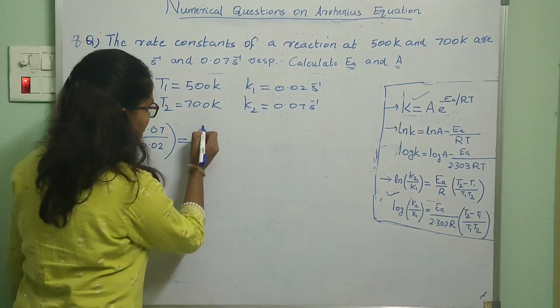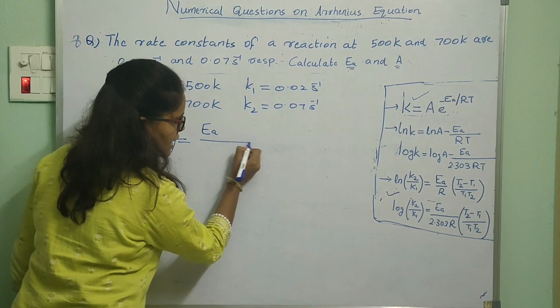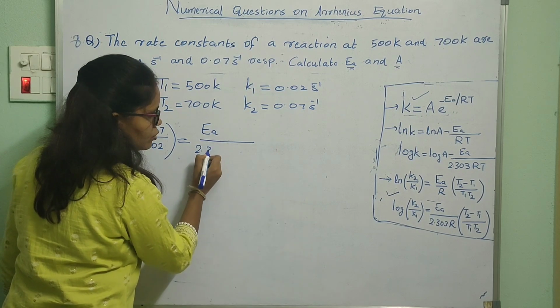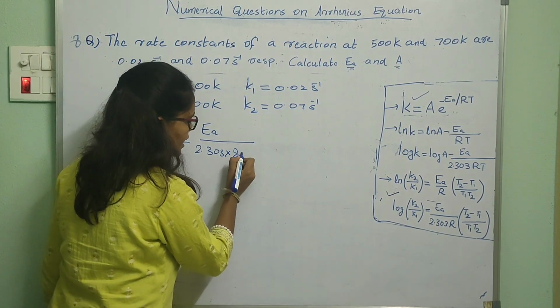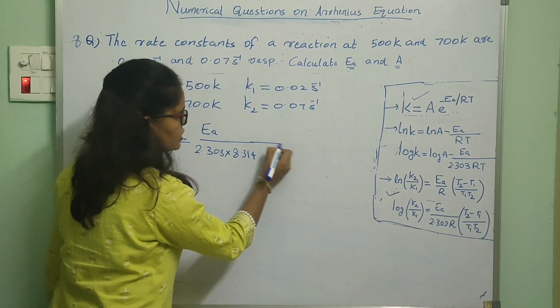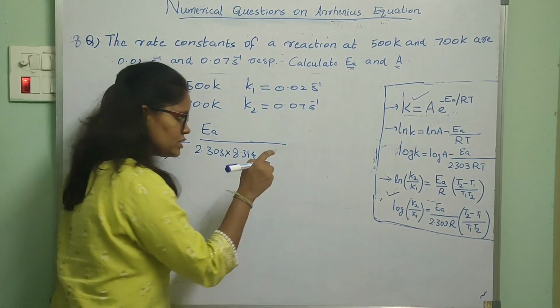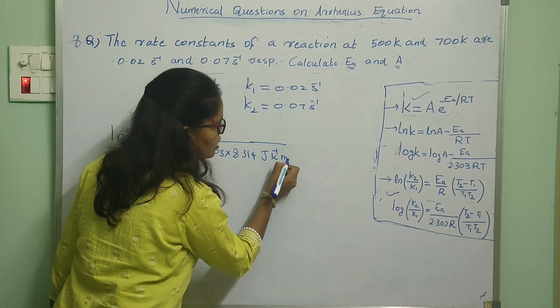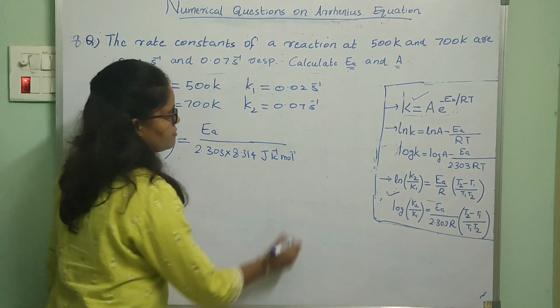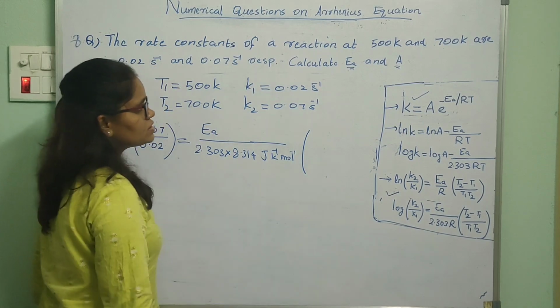We have to find EA, and in the denominator we have 2.303 into R. So what is R? 8.314. What are its units? Joule, Kelvin inverse and mole inverse, right? Now we have two temperatures.